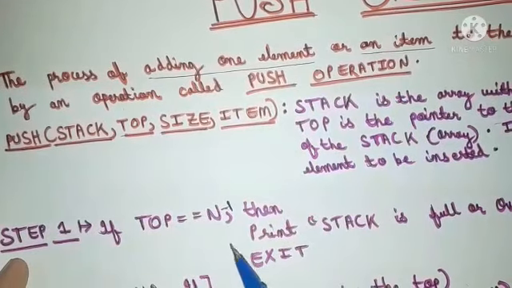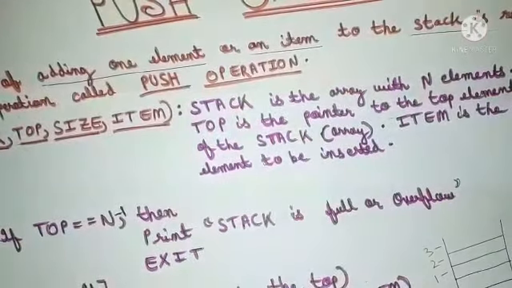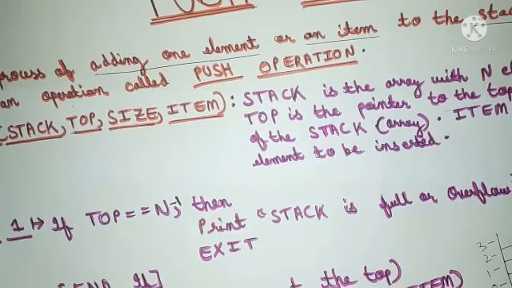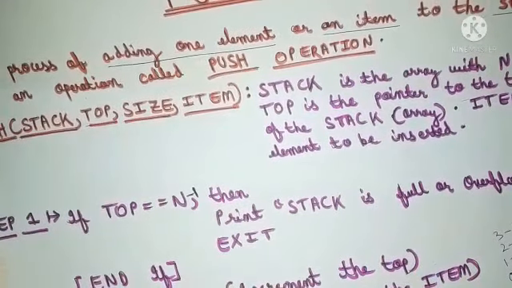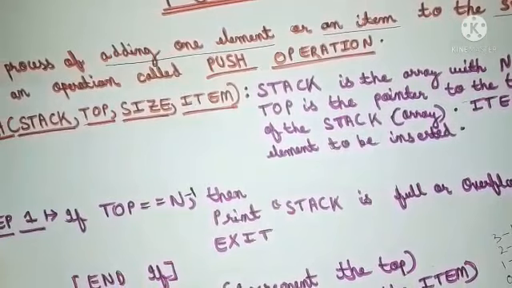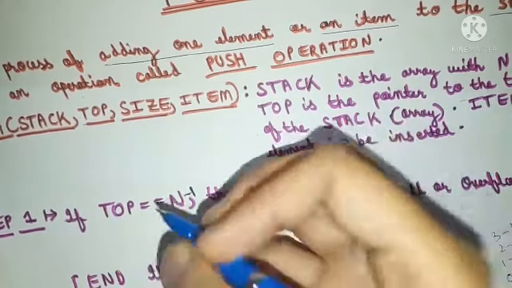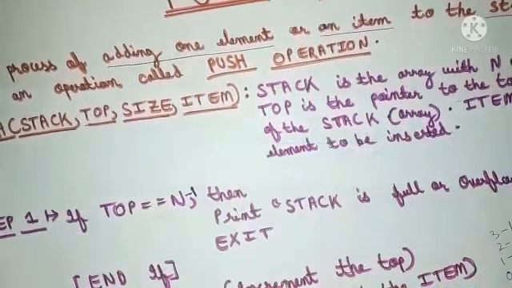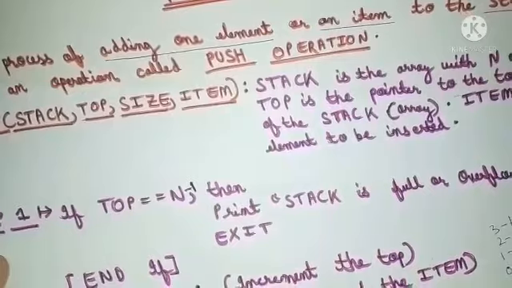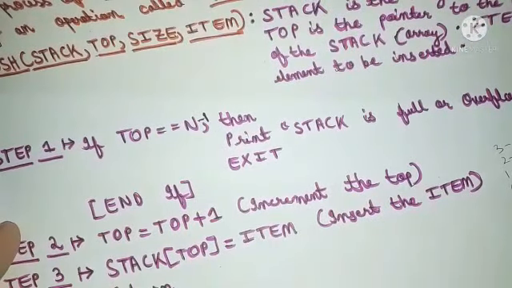Which means that if n is equal to 4, then it will check whether top is equal to 4 minus 1, that is 3. If the stack is already full and still we want to insert more elements into the stack, then it will give us the overflow condition. Otherwise the other statements will be executed.